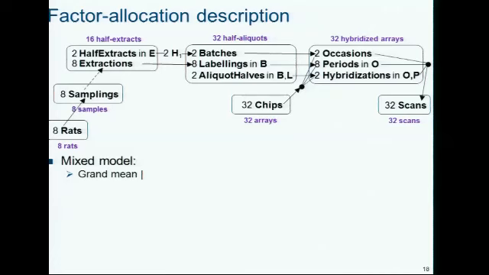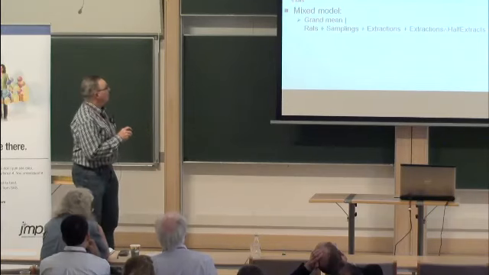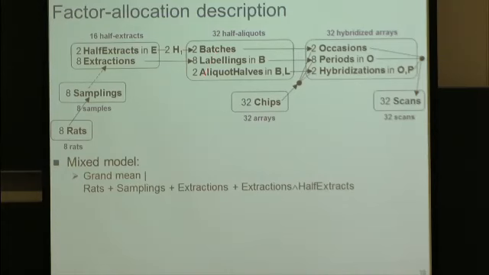Mixed model, grand mean, the same terms as I had before because nothing has changed essentially about the factors involved, but now I need to consider what are going to be the terms in the model here, and it's the same sort of process as before, and we end up with these 3 terms which are the combinations that respect the nesting in the design.